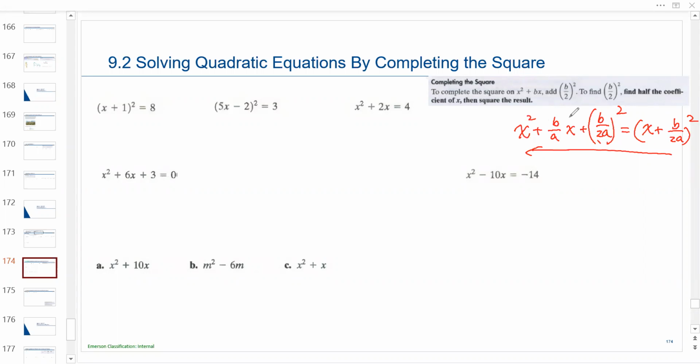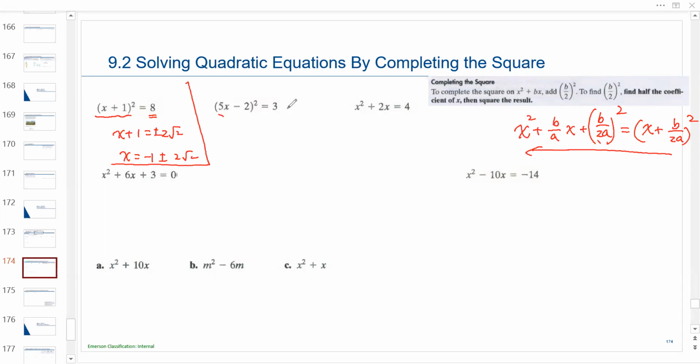All right, let's review this process first. If it is a perfect square and the right side is a number, this part is easy for you, just like what we are doing right now. So x equals -1 plus or minus 2 square root 2. This one we already did. The second part is the same problem.